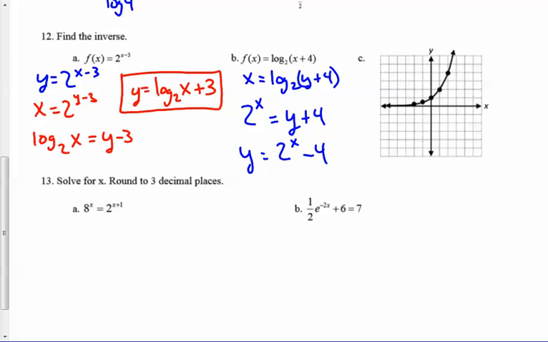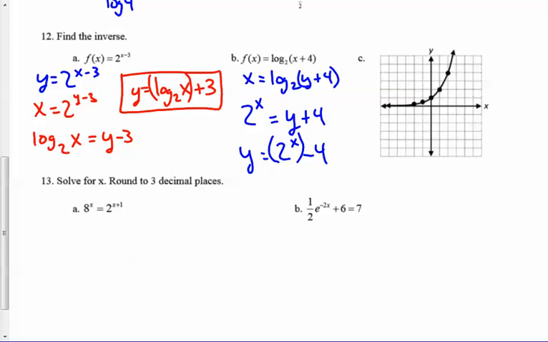Notice I'm not subtracting the 4 from the x. I'm subtracting it from 2 to the x. Right? Just like over here, I'm not adding 3 to x. I'm adding 3 to the log of x. So you want to be careful about that.